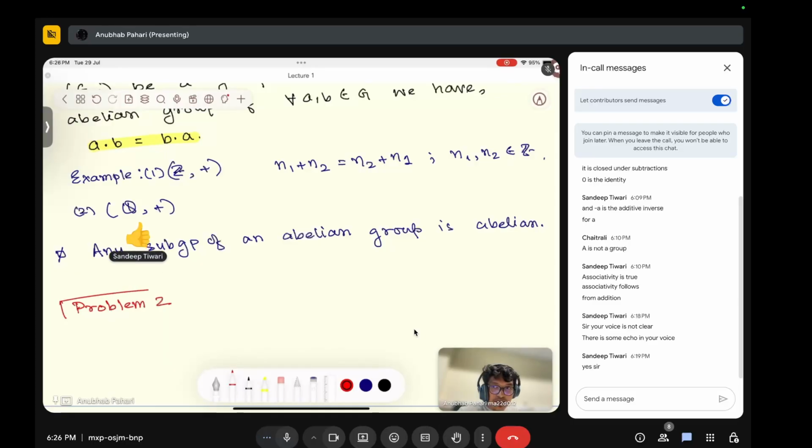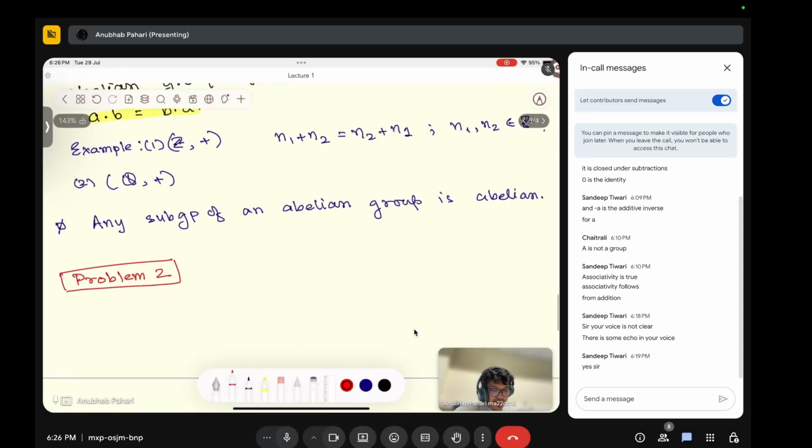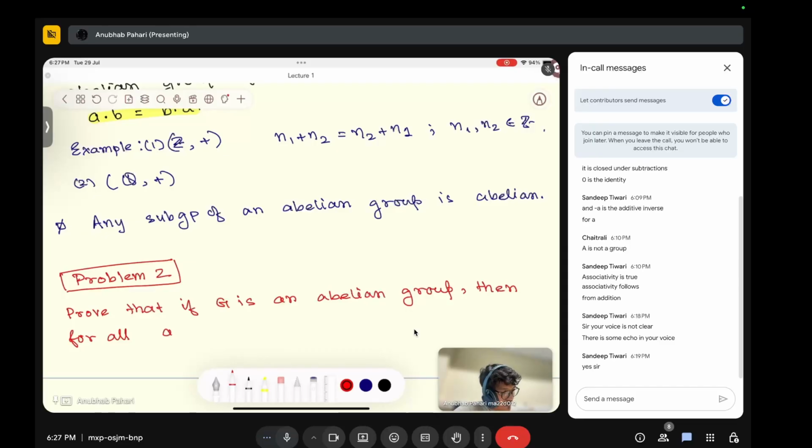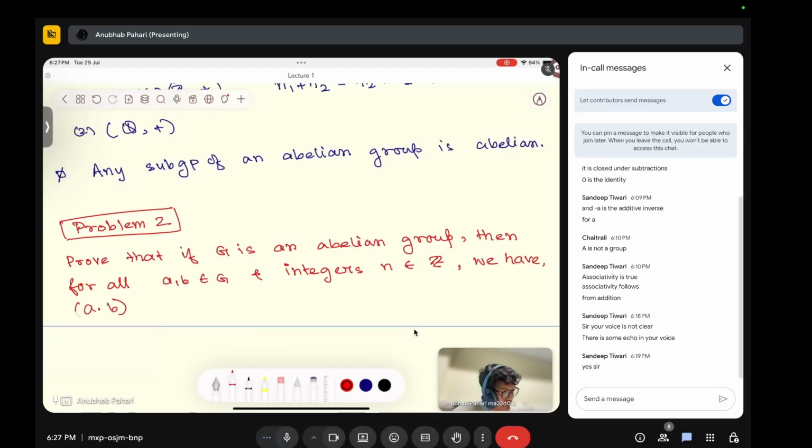So we'll go to our next problem, that is: prove that if G is an abelian group, then for all a, b belonging to G and all integers n belonging to Z, we have (a dot b) to the power n equals a to the power n dot b to the power n.